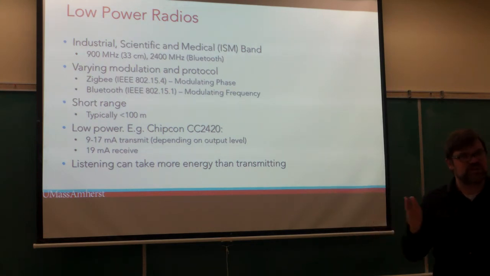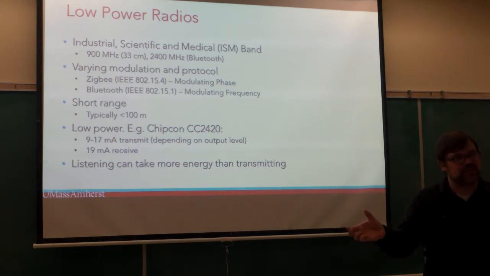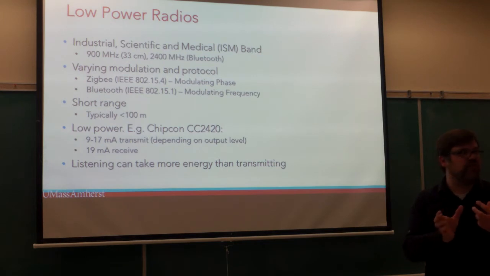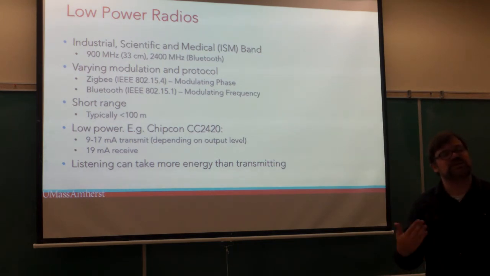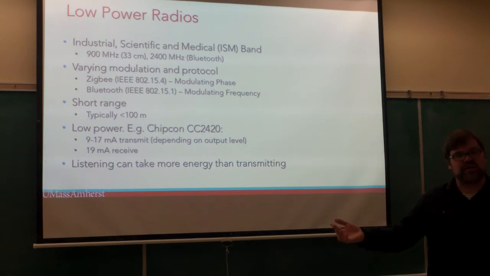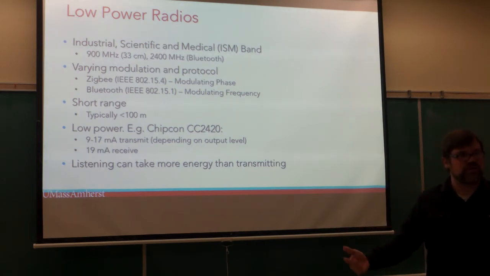It does a frequency hopping scheme where every packet is sent on a different frequency, and the order in which it hops across these frequencies is randomized. The idea behind that protocol is that if you randomize it enough, hopefully the likelihood that two senders are on the same channel at the same time is low. And if you do detect a collision, there are built-in ways of revising your hopping scheme so that you can avoid those collisions in the future.